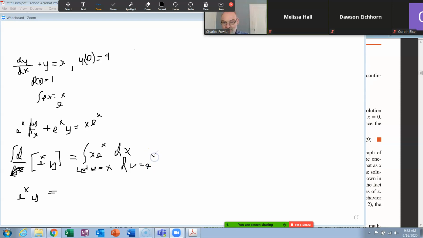You want that because when you integrate it, you don't want it to get any more complicated, and that's the beauty of the exponential function. It stays the same when you differentiate it, and stays the same when you integrate it.